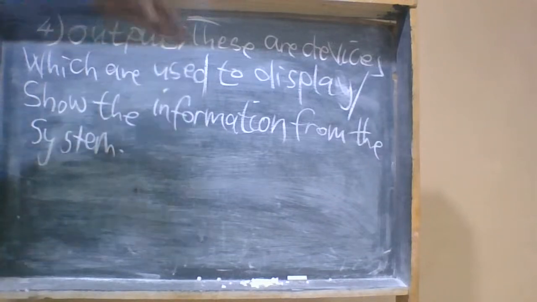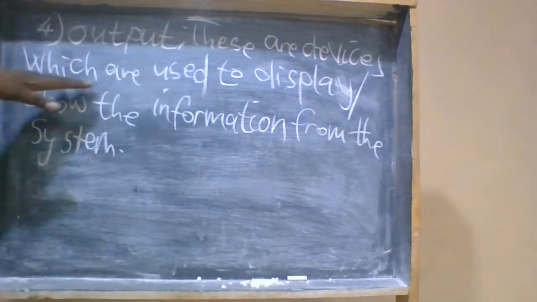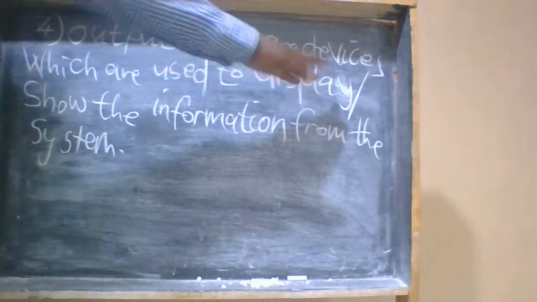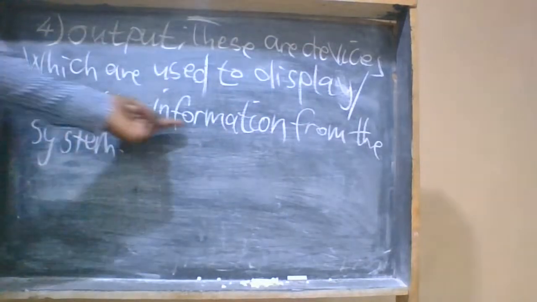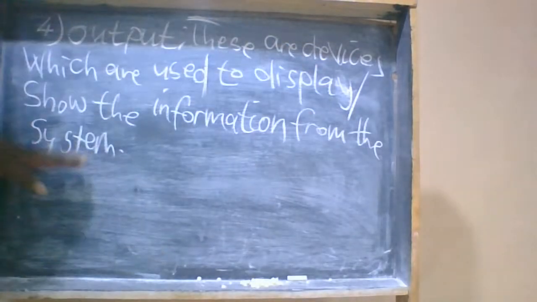So output devices are devices which are used to display or show the information from the system.